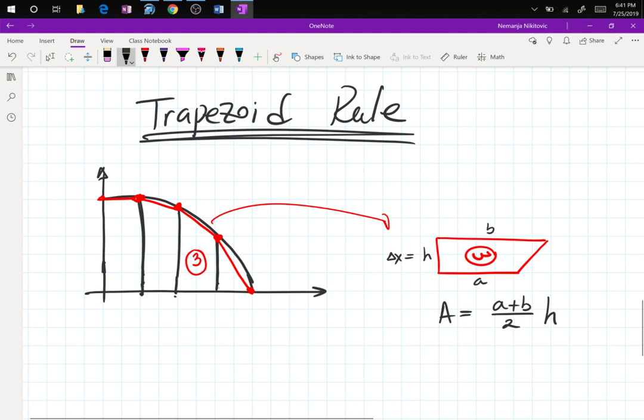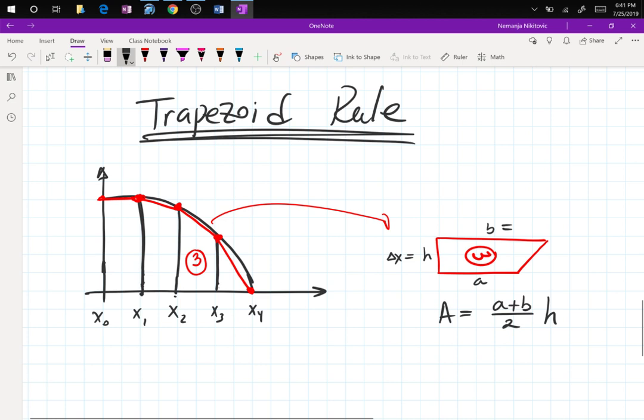Excellent. And if this is x0, x1, x2, x3, x4, so what's B? B is the height.